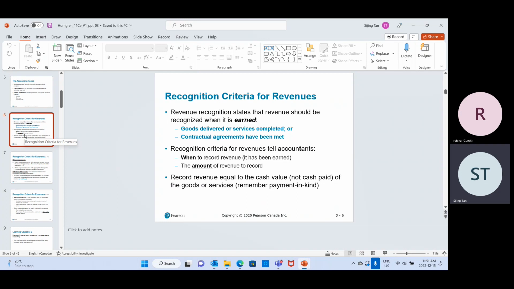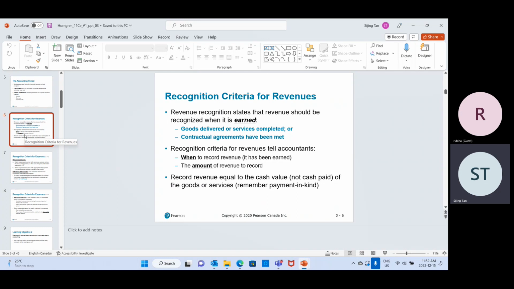Even though the doctor didn't receive the payment from the government, we still need to recognize the revenue because he performed the service in December. Does that make sense? Even though the doctor didn't receive the money until February of the next year, as long as he completed the service in December, we need to recognize the revenue in December. So that is the recognition criteria for revenue.